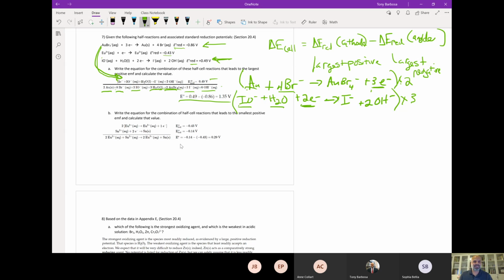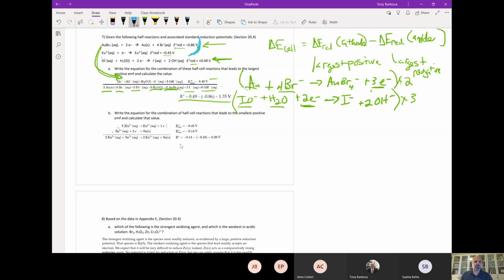So if we look at what's going on here, to do the smallest, we have to figure out which is the smallest gap. You can see the smallest gap is the one between the first 2 equations, the europium and the gold equations.